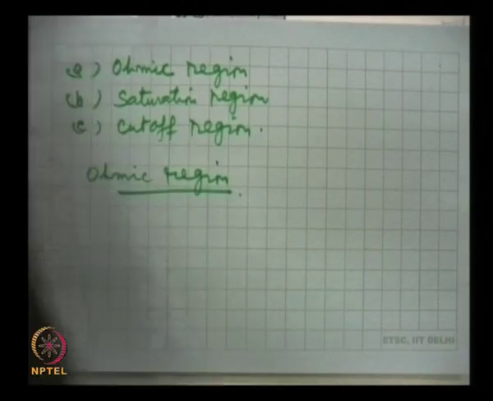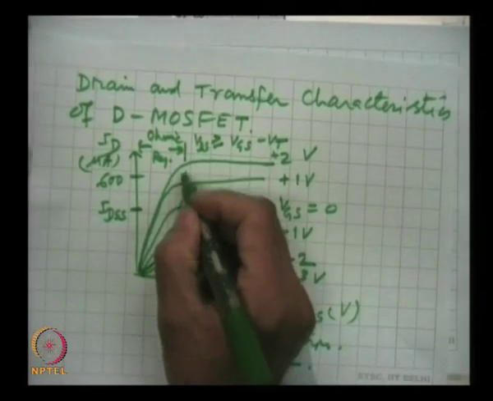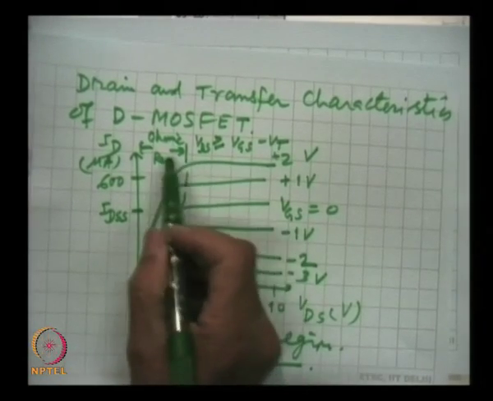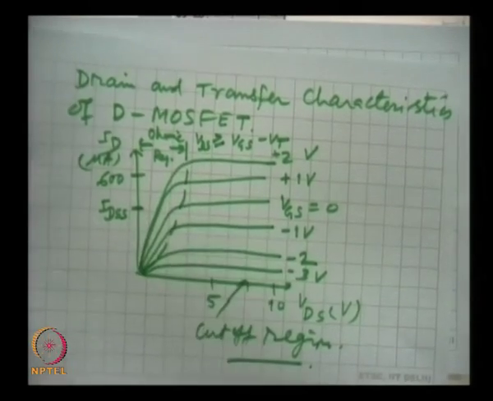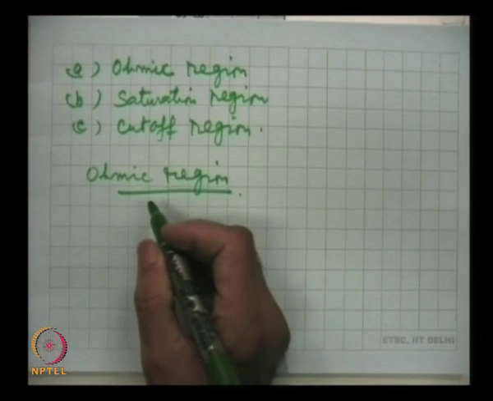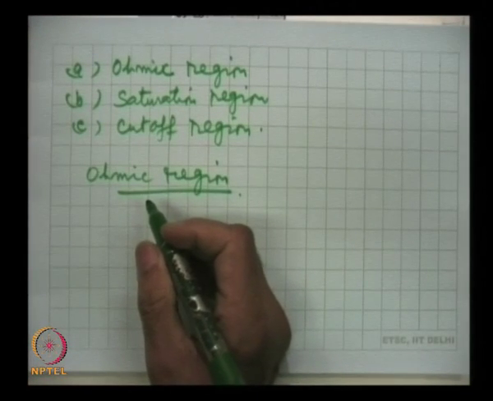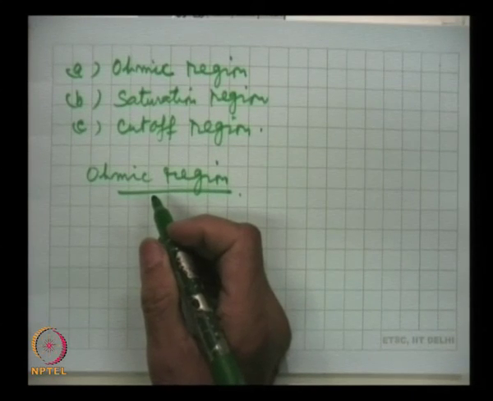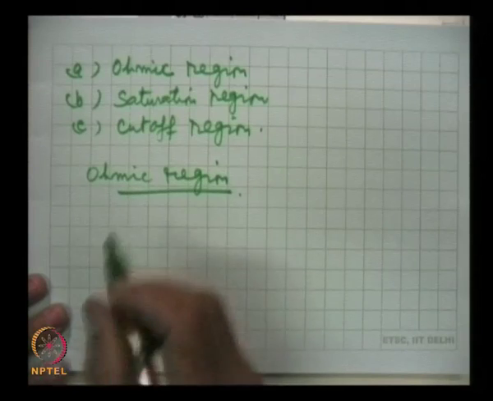Remember, on the left of this dotted line is the region which is called Ohmic region, and obviously in the Ohmic region the drain current varies linearly with the VDS as we are seeing.